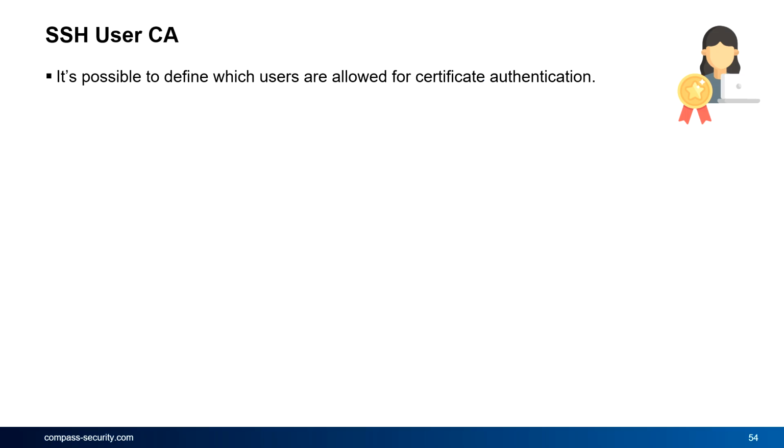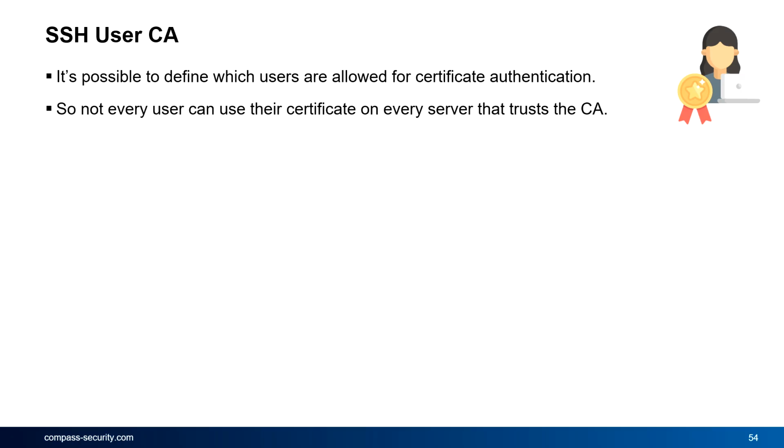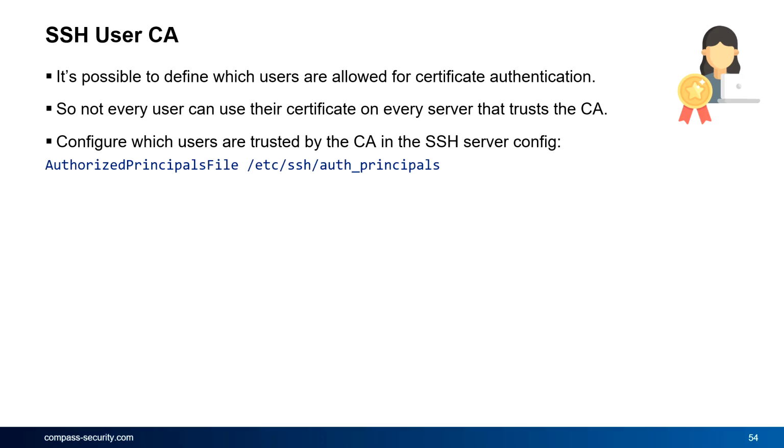It's also possible to define which users are allowed to log in using a certificate. So not every user can use their certificate on all the servers where a user with this username exists. This can be done in the SSH server configuration using the AuthorizedPrincipalsFile option.